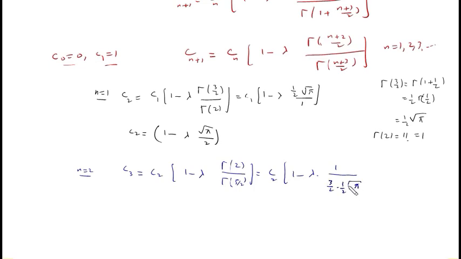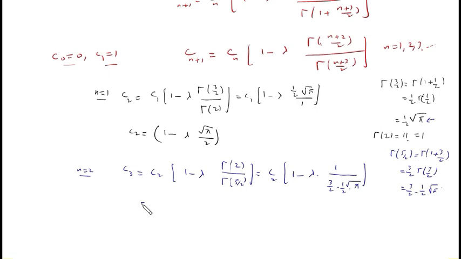Using the property, this is 3 by 2 gamma 3 by 2, and the value of gamma 3 by 2 is here, so this becomes 3 over 2 into 1 over 2 square root of pi.